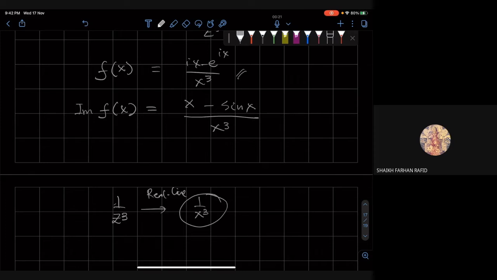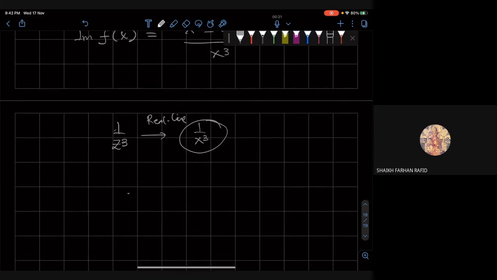No. So if I take my original function f of z and add to it a new function, say 1 over z cubed, am I changing the imaginary part of the original function evaluated on the real line?